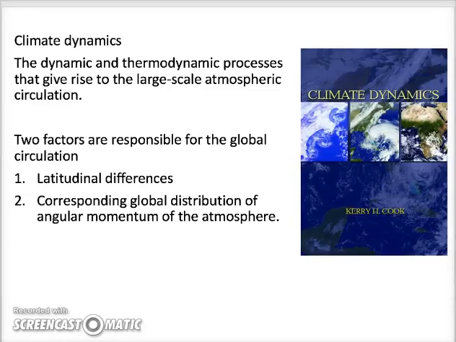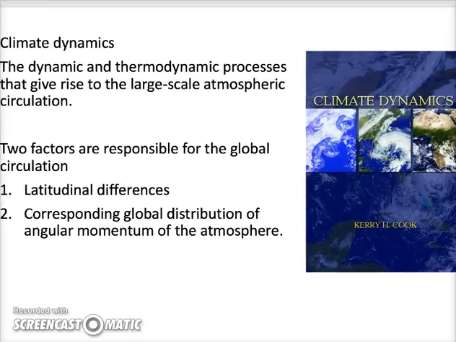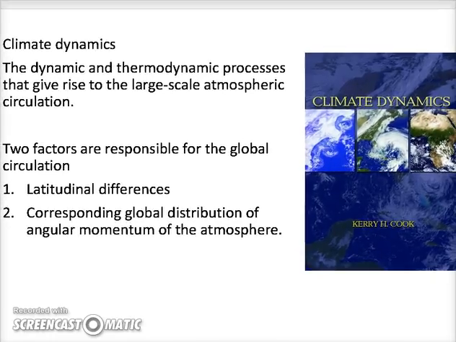We start to talk about our climate dynamics: the dynamic and thermodynamic processes that give rise to the large-scale atmospheric circulation. There are two principal factors that determine the general circulation of the Earth's atmosphere.